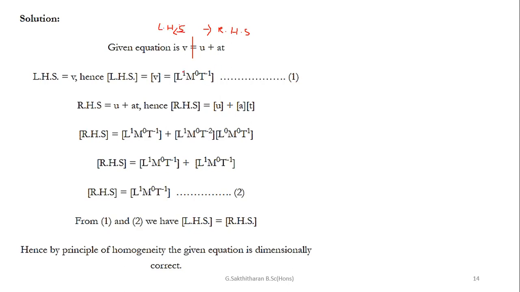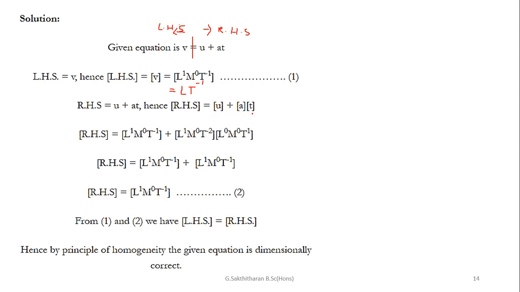First you write the left hand side. The dimension of the left hand side is the dimension of the final velocity, which is LT minus 1. So write like this, LT minus 1. And the right hand side, RHS, equal to u plus at.